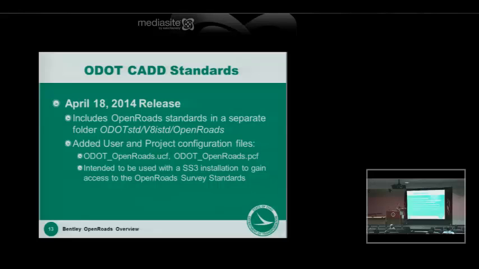It's all just one thing. So that's where Mark and the team are headed with the ODOT CADD stuff. And the decision was made, as Mark said, to rename it and retool it. So the ODOT CADD structure that will be released this fall is intended to be used with SS3. I don't know that Mark specifically spelled that out, but it's not intended to be used with SS2. It is intended to be used with SS3 and forward.